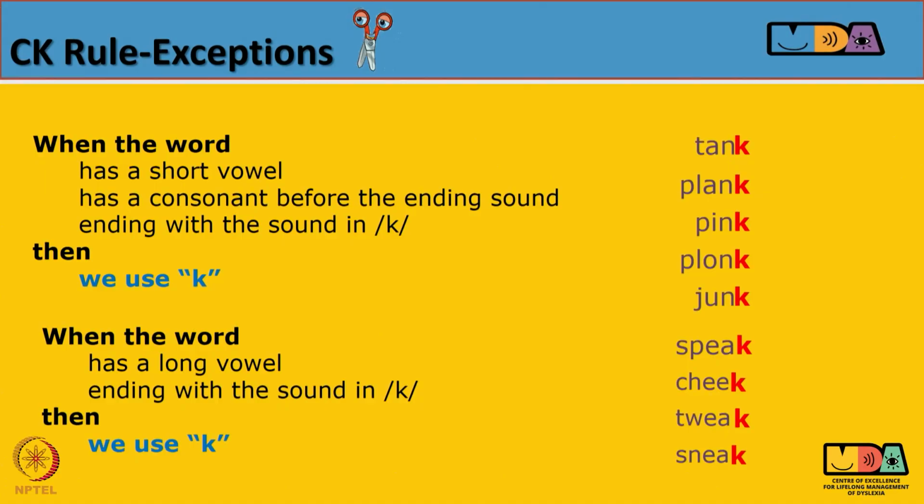The other exception to the CK rule is when you have a long vowel sound. Again, in a single syllable word with a long vowel sound ending in the K sound, then you do not write it with CK, but just K. Peak, speak, tweak, leak, cheek.